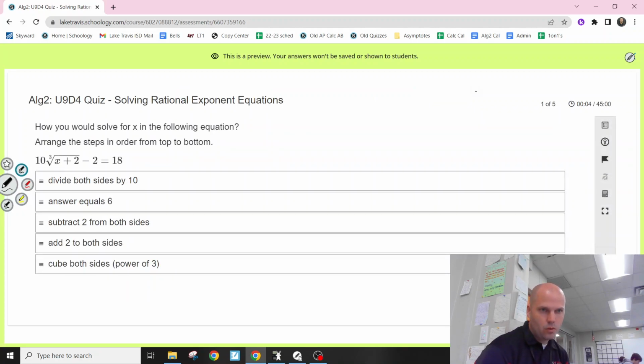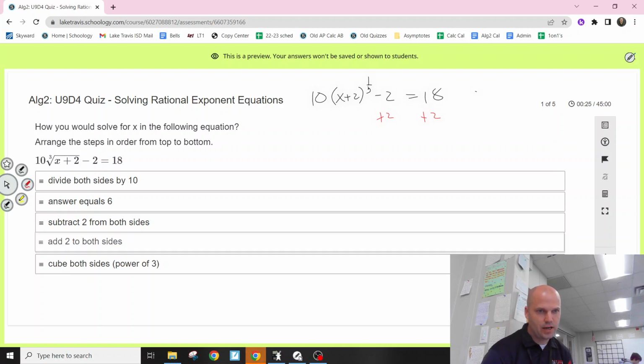Tell me the order of operations for this. So for solving equations with radicals, here's the key. Flipped exponents undo exponents. So a cube will eventually undo the 1/3, but we need to isolate our exponent first. So we may have to do some stuff like add 2 to both sides.